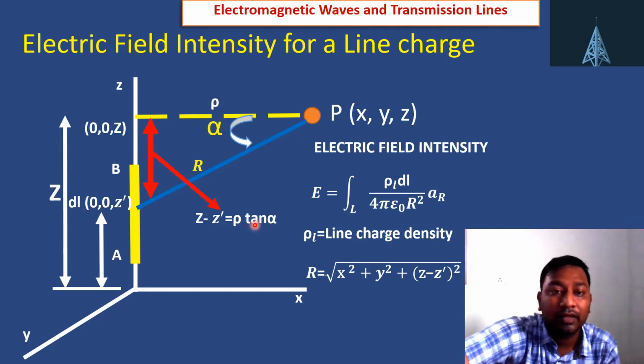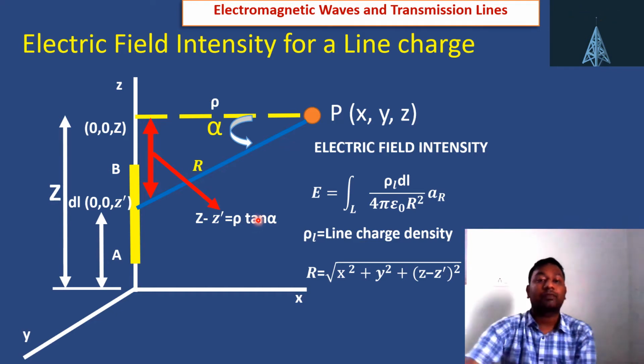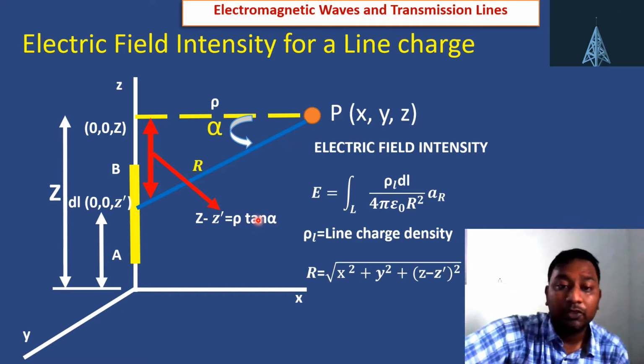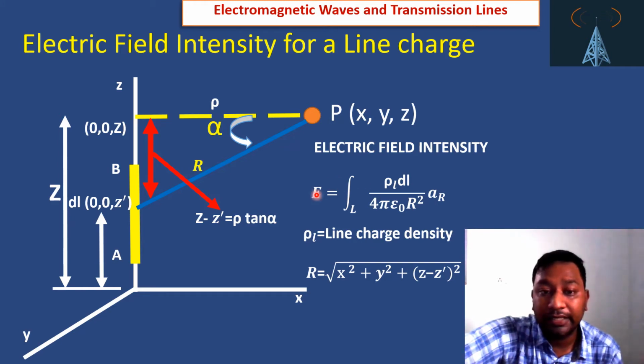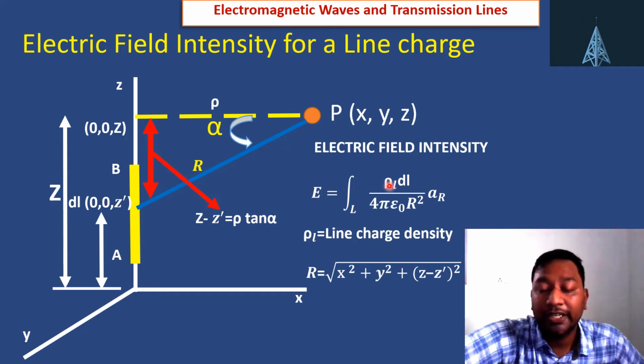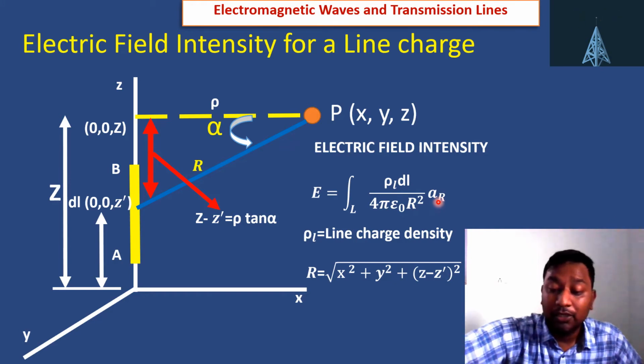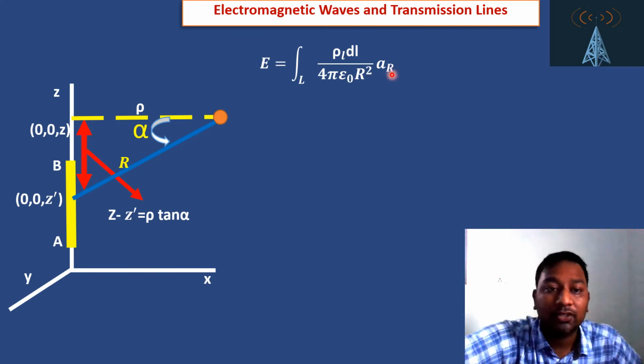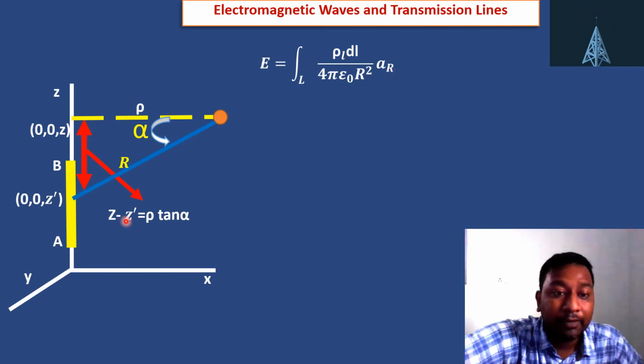Now our E equals rho L divided by 4 pi epsilon naught, dl by r square into r. Here z minus z dash we know is rho tan alpha.